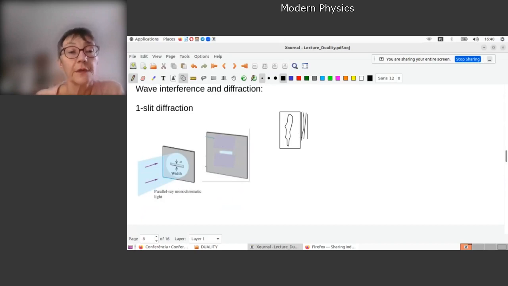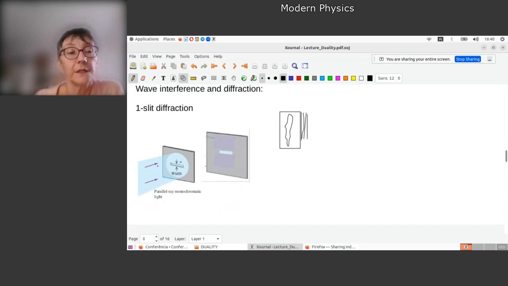And so what you see, for example, here is when you have some aperture of width a, you won't have this kind of behavior. So this would be a geometrical ray description.